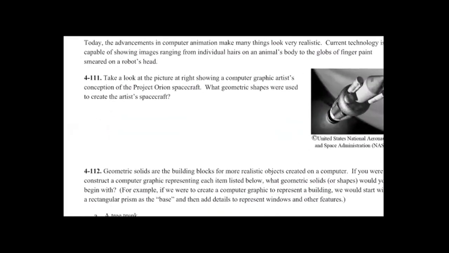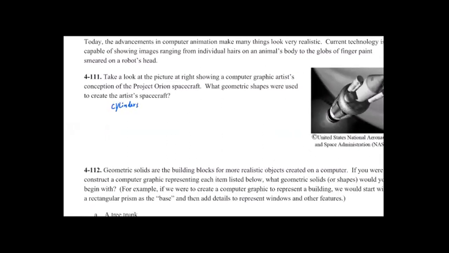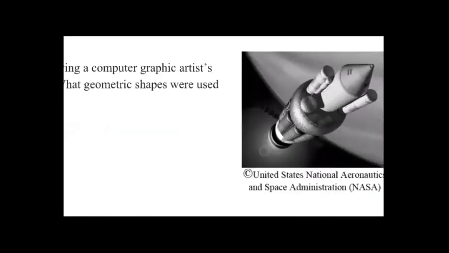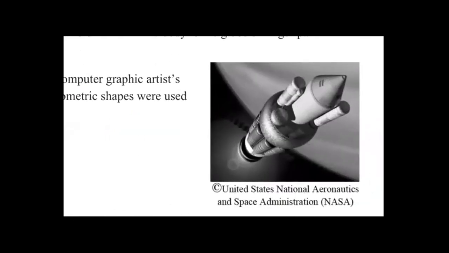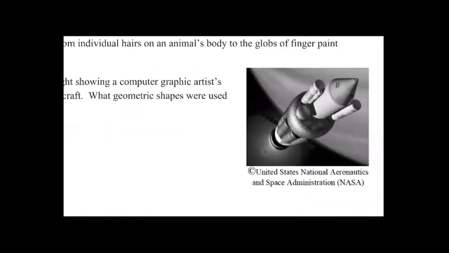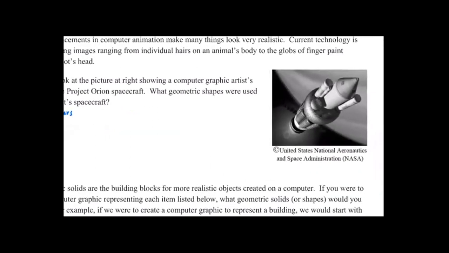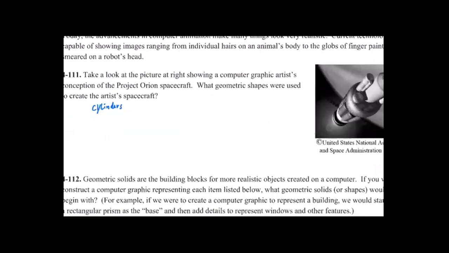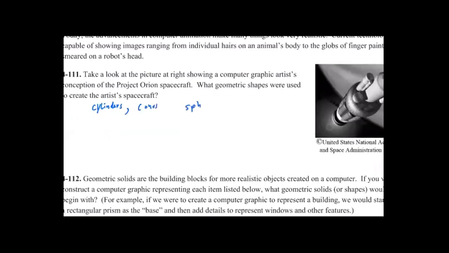So I see cylinders. I see rectangular prisms. Nope, not rectangular prisms. Cylinders, I see cones and spheres.